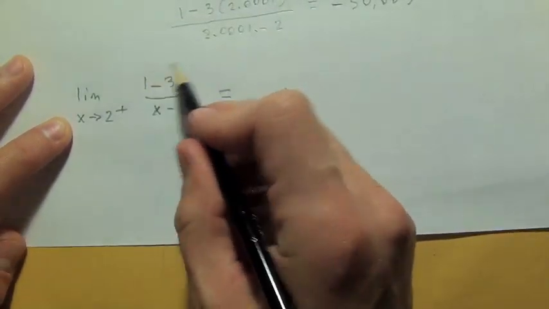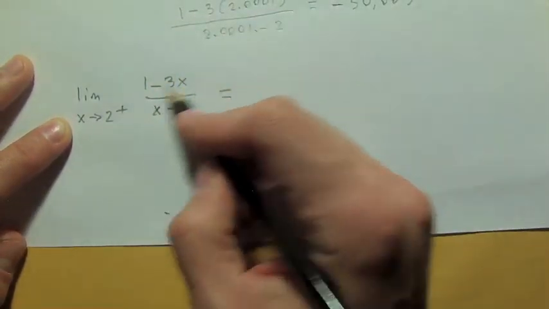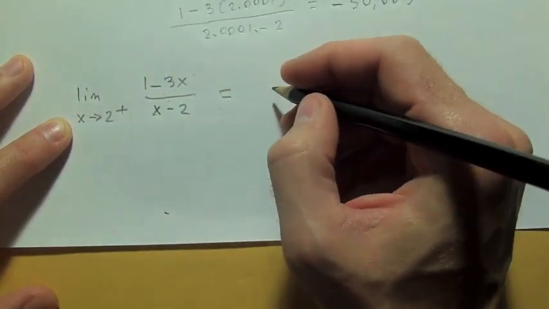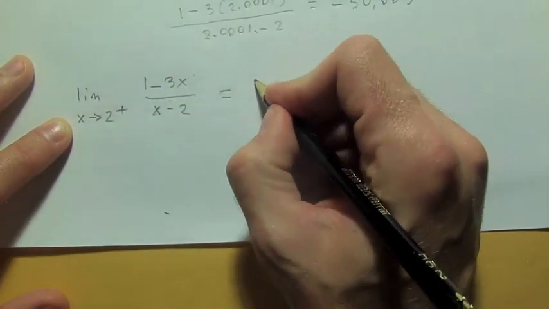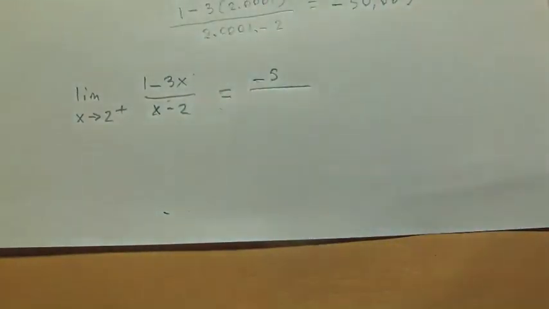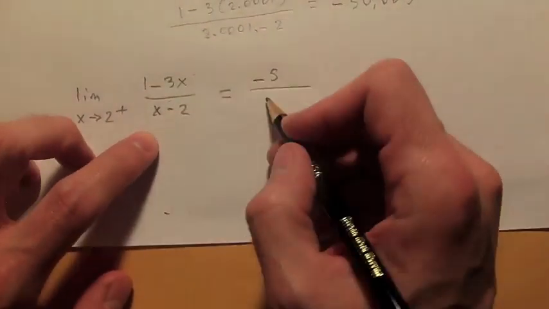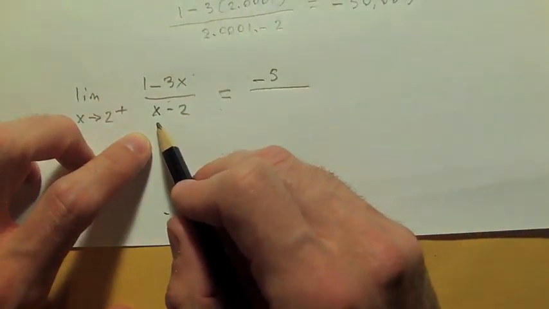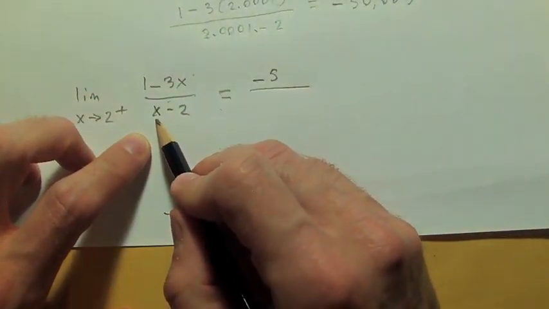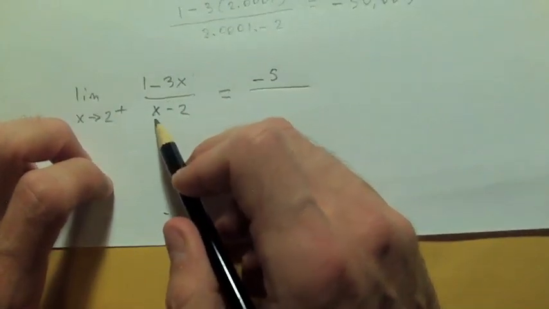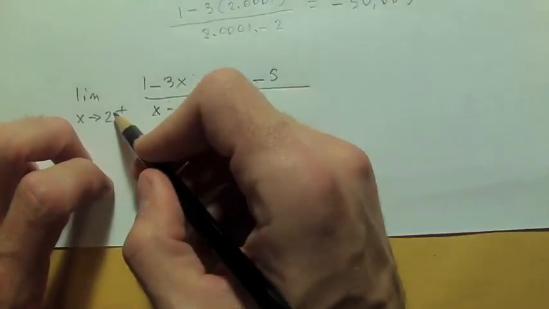The numerator is not what's going to be the trouble. When you plug 2 into the numerator, this is going to be negative 5. No matter what happens, it's going to negative 5. It's the denominator that's really going to give us trouble, and what we basically have here is we're putting in a value really close to 2, but greater than.